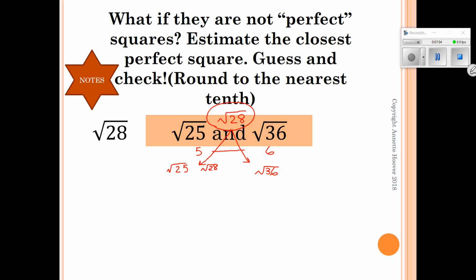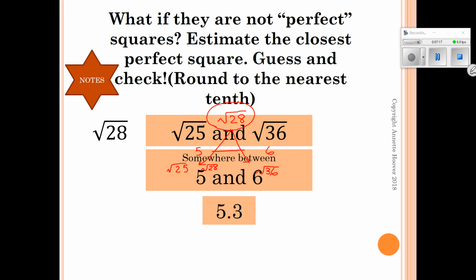So we know it's going to be closer to 5. So the decimal would probably be somewhere about 5 3/10. If you want to check that, you can plug the square root of 28 into your calculator, and you will find that if you round it, it is 5 3/10. So we're just trying to estimate and get close here.